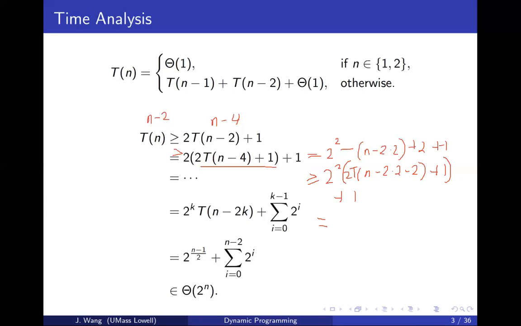Okay. Yeah. So you get 2 to the 3, and then T of n minus 2 times 2 minus 2, that is equal to 2 times 3, and 2 to the 2 go in there, so that is 2 to the 2, and then still have 1. So 1 then is equal to 2 to the 0.